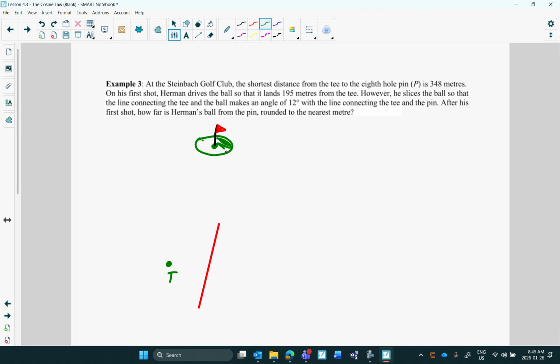Feel like I could use a little bit more color. So I'm just going to spend some time on this. Okay. So we know the distance from here to here is 348 meters.